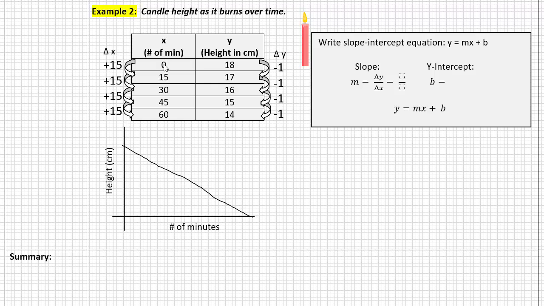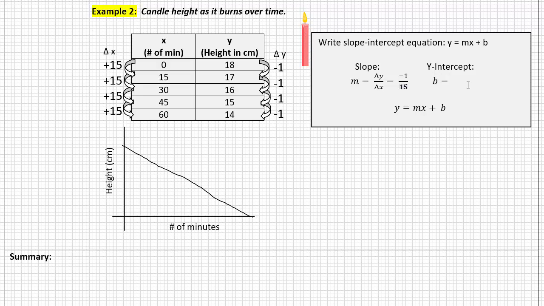So it started at 0 minutes and then added 15 minutes each time. So the height of this candle is decreasing 1 centimeter for every 15 minutes that it's burning. So we can plug that into our slope over here, and maybe you've already done that. And that shows us how fast this candle is melting down.